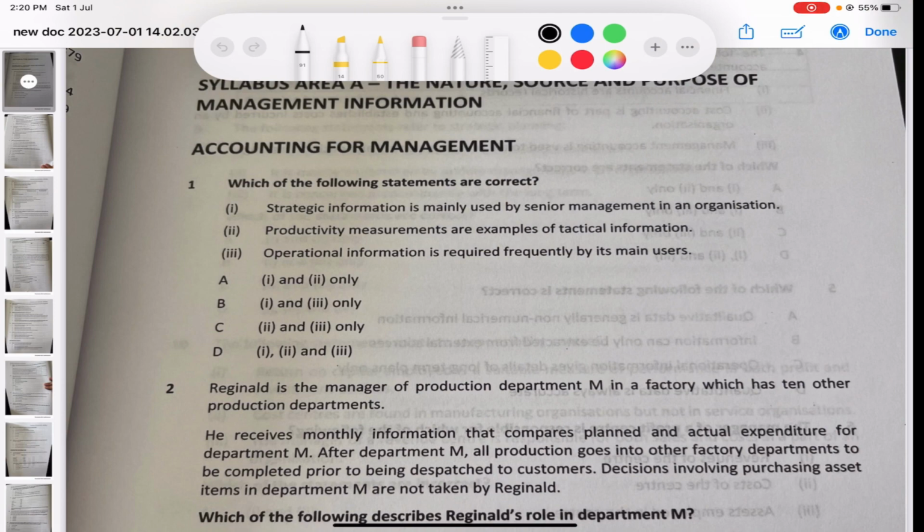Strategic information is mainly used by senior management in an operation. Productivity measurements are examples of tactical information. Operational information is required frequently by its main users. Okay, productivity is tactical information. So my answer is obviously D. Why is it D? Because all of the three definitions are correct, right?